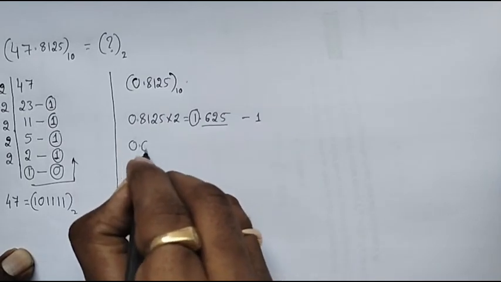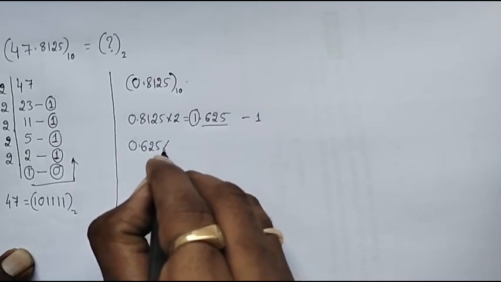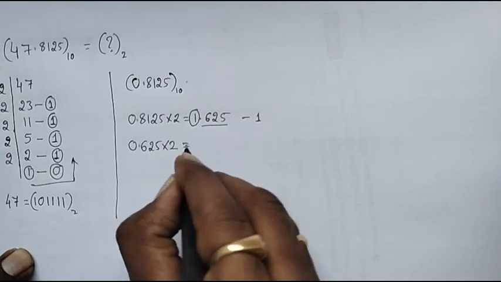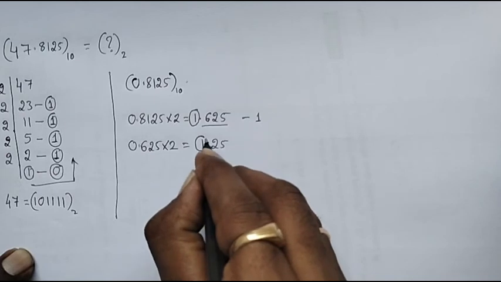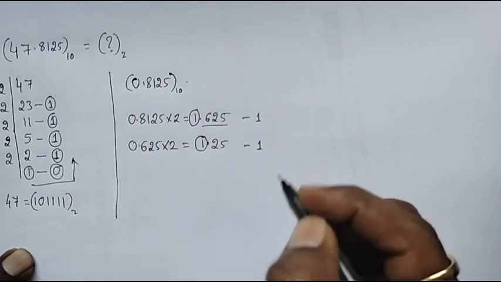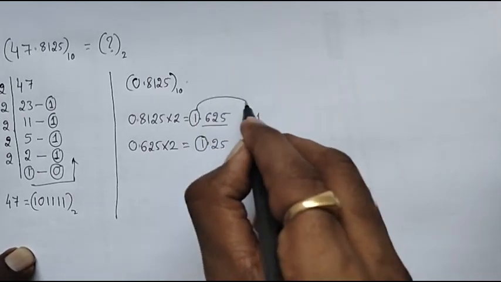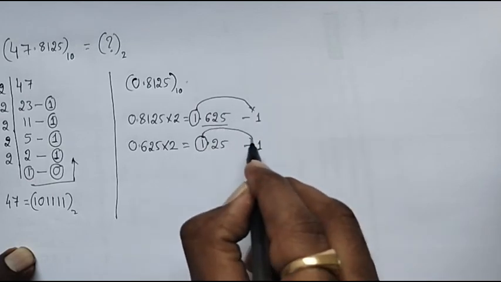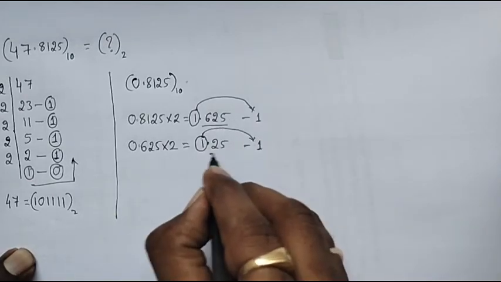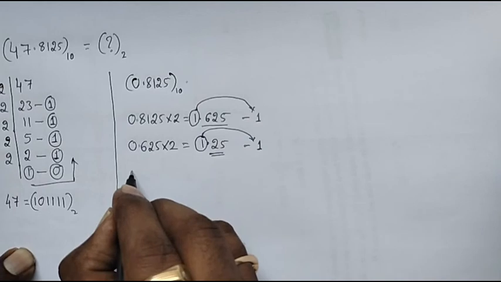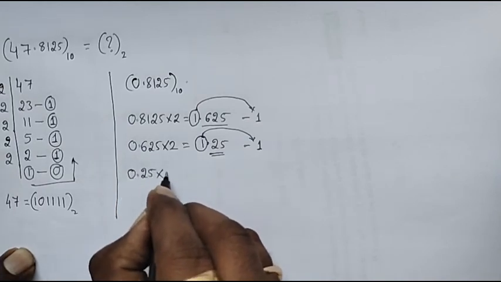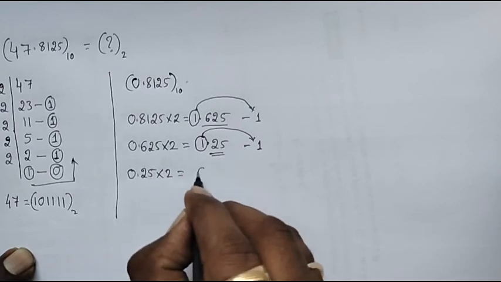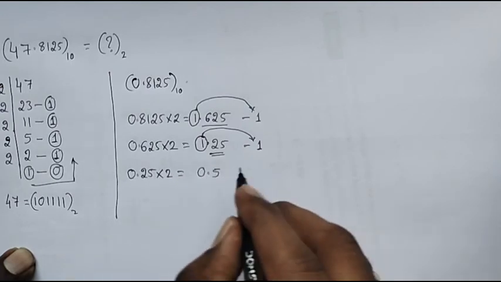Multiply it by 2, we get 1.25. Represent this 1 here. Now consider the fraction part, that is 0.25. Again multiply by 2, we get 0.5.